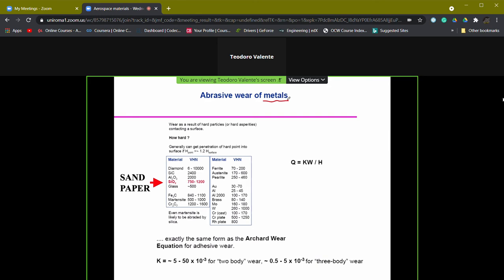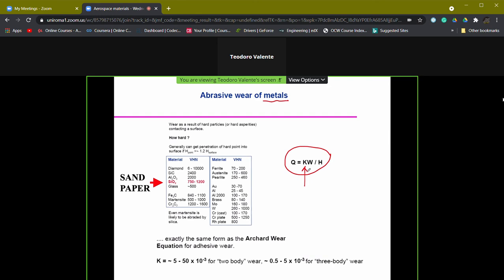What is the difference between abrasive wear and adhesive wear? There is a conceptual difference, even though the basic equation you see here is still the Archard equation, which must be used with a proper K value for the coupling that gives rise to abrasive wear.